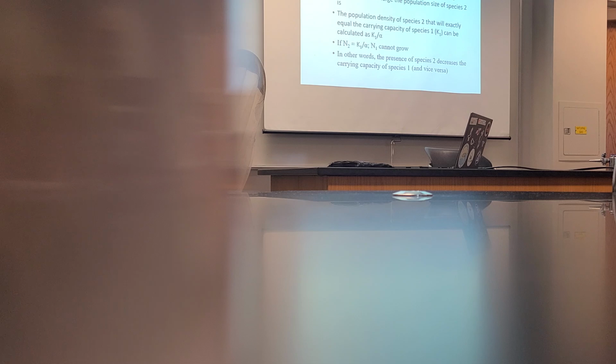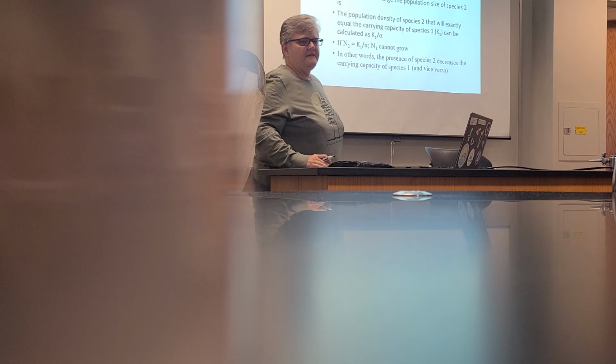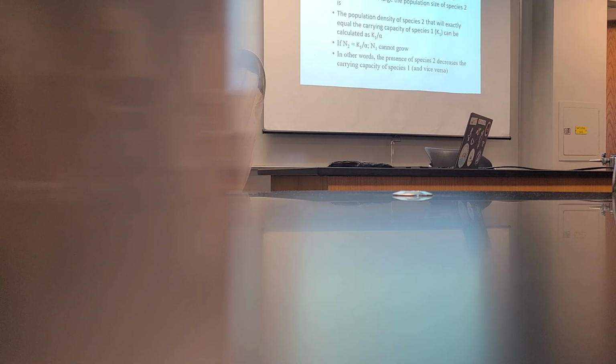Now, so far in the models, while we were building them a second ago, what I got you to think about is if there are no N2 around, or if N2 doesn't affect N1, there's no competition between them, then N1 is just going to react normally, have normal logistic growth, reach its regular K1. Right?